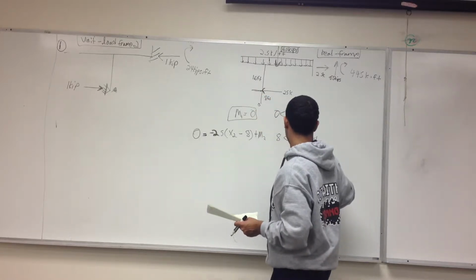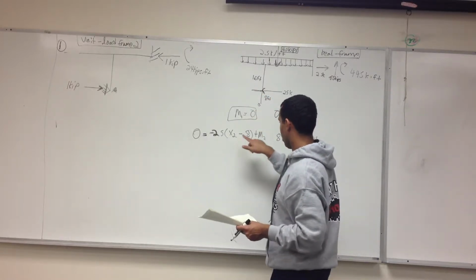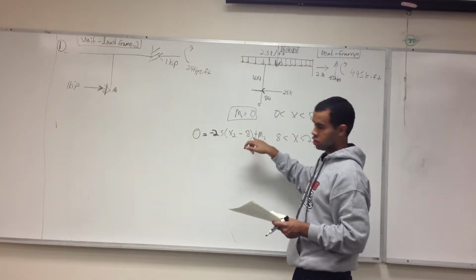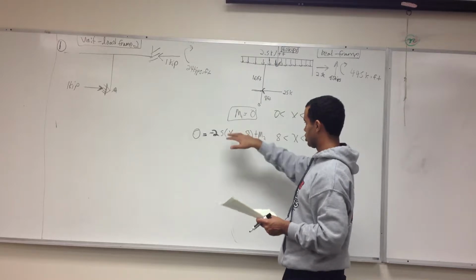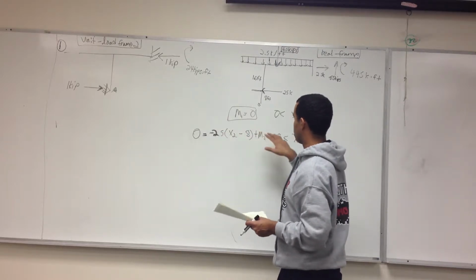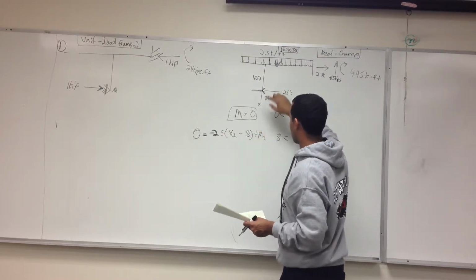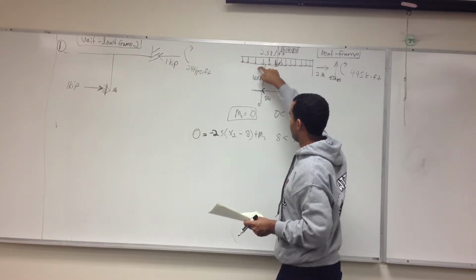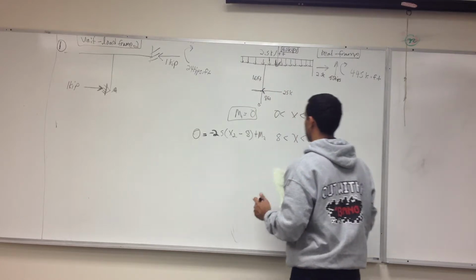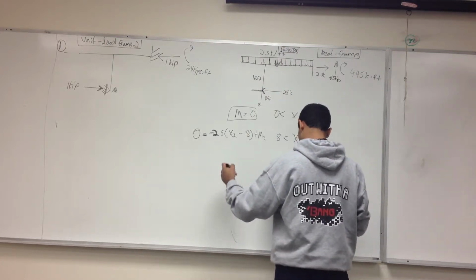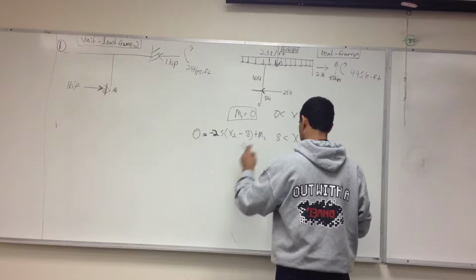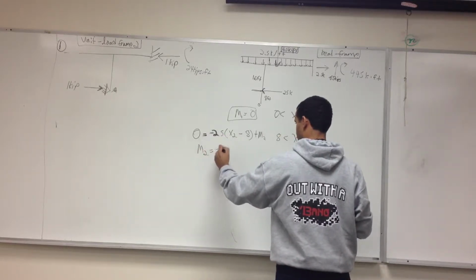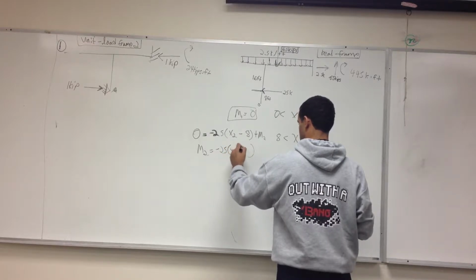But when we plug in the 24 onto the x2, we plug in 24 minus 8, so we have 16. 16 times negative 25 plus m2. That's going to tell us our moment of 2 at an arbitrary point along this member. So we have this expression, so we have that m2 is equal to negative 25 times x2 minus 8.